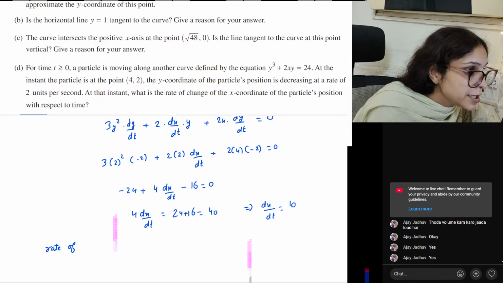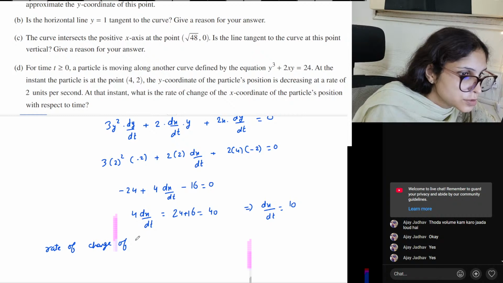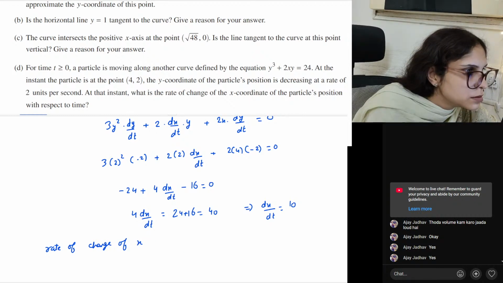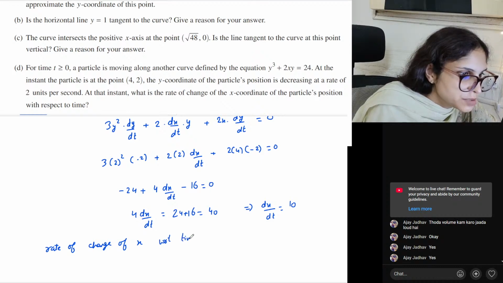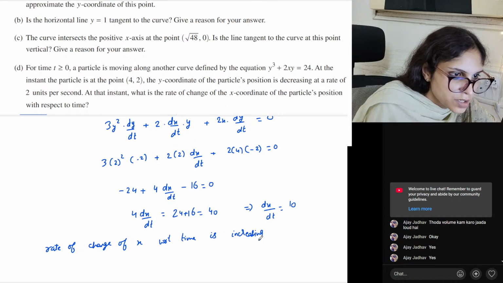So what they're asking, rate of change of x with respect to time, is increasing by 10 units per second. Why is it increasing?